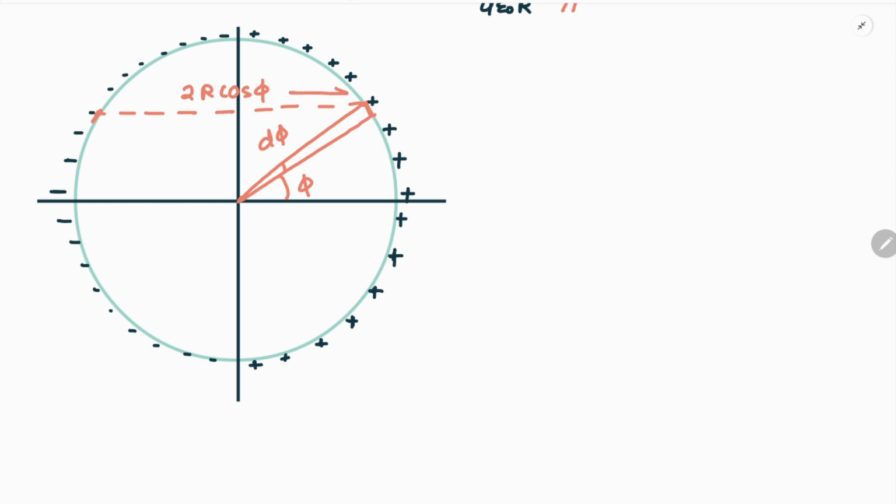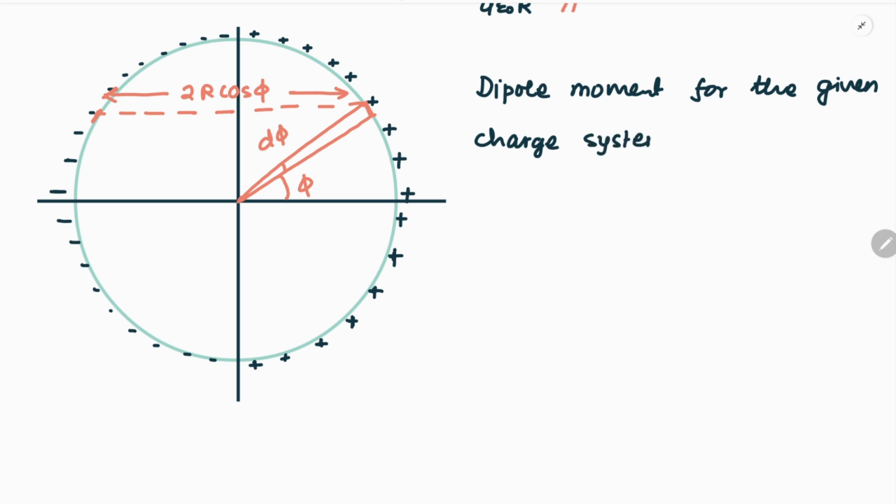So 2r cos phi is the separation between the positive and the negative charge, and therefore the dipole moment for the given charge system can be considered as dp equals charge, that is lambda naught r cos phi d phi, multiplied by the separation between the charges, that is 2r cos phi.